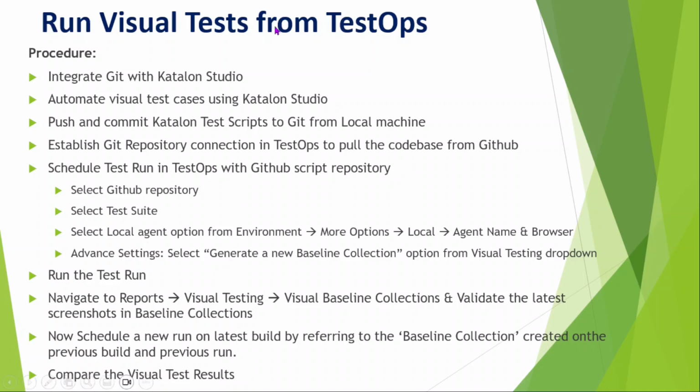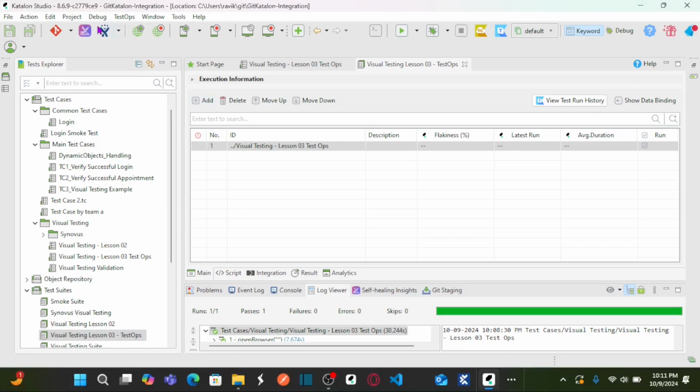So let us now go back to our Katalon Studio. I've already integrated my Katalon Studio with Git. Okay, so now you can see here I have my Git, right? So now what I'm going to do, I'm going to commit the changes whatever we did for this particular lesson. Okay, I'm going to commit the script.